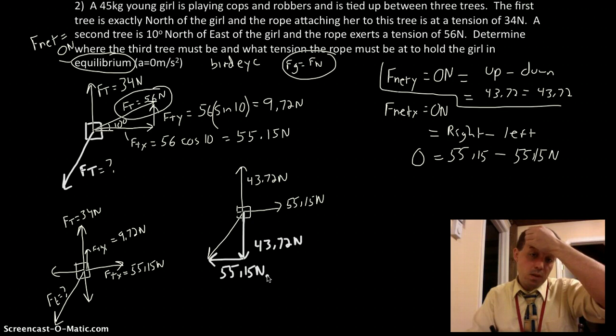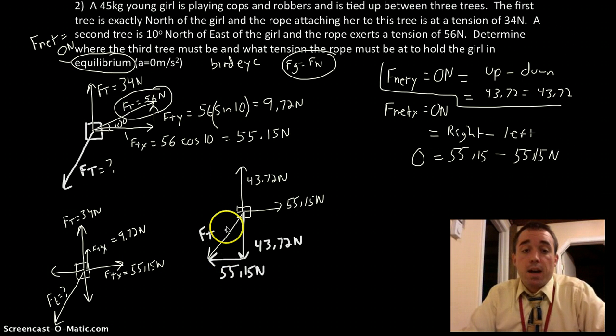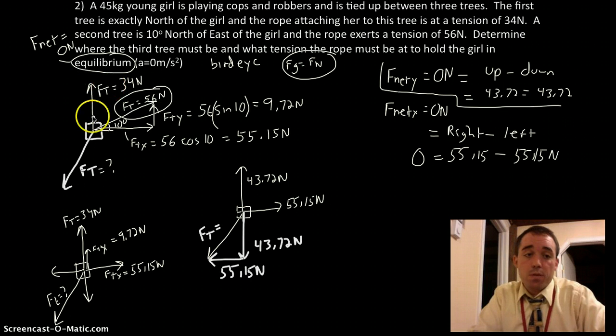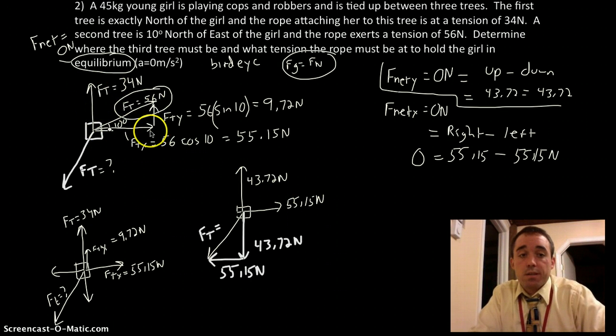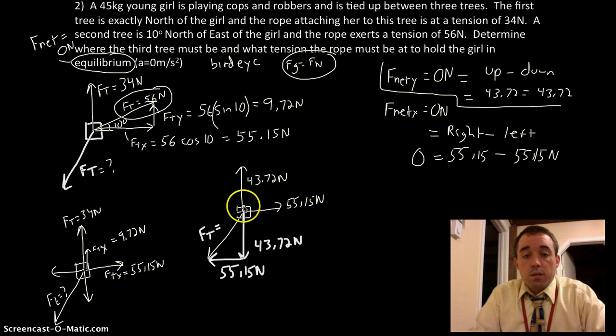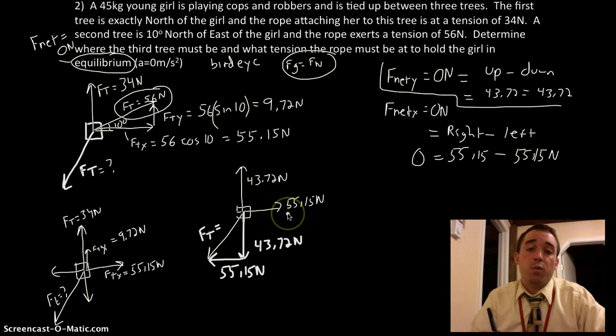newtons. So I have to balance this, and my tension force, this FT right here, I just have to find using the Pythagorean theorem. The 43.72 has to cancel the upward force of this plus this. The 55.15 has to cancel the horizontal force of this 10-degree force. So 43.72 down to counteract the 43.72 up, 55.15 left to counteract the 55.15 to the right.